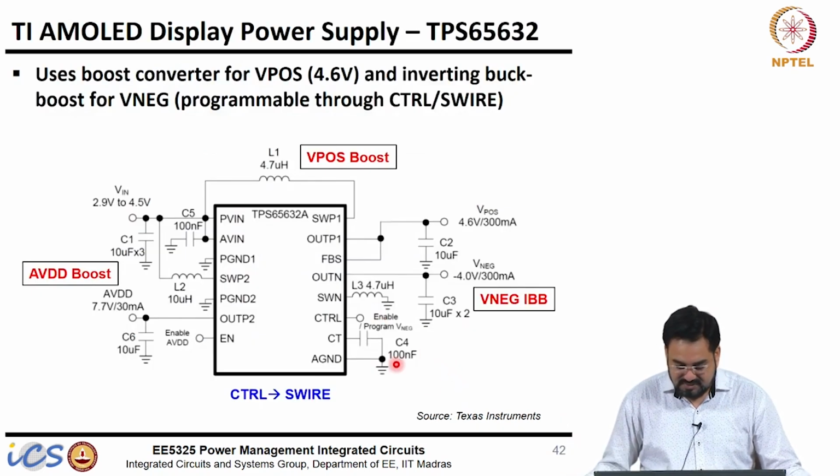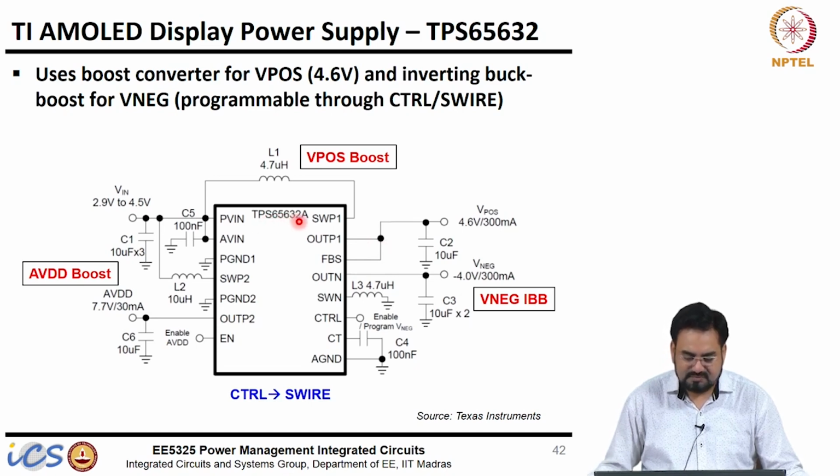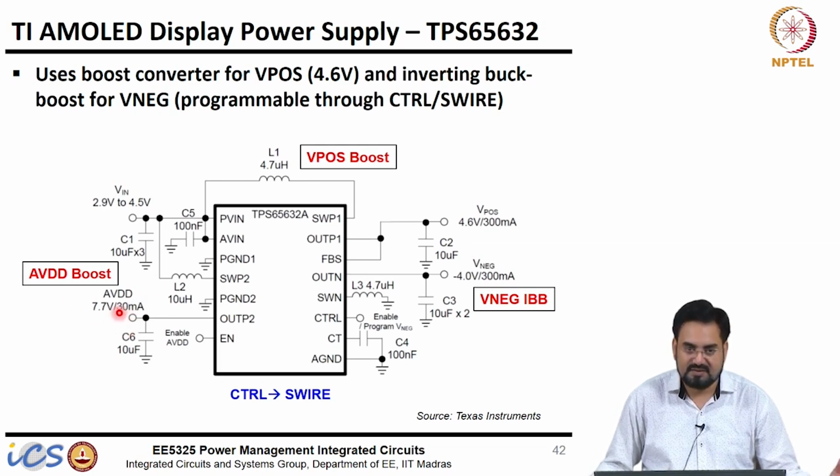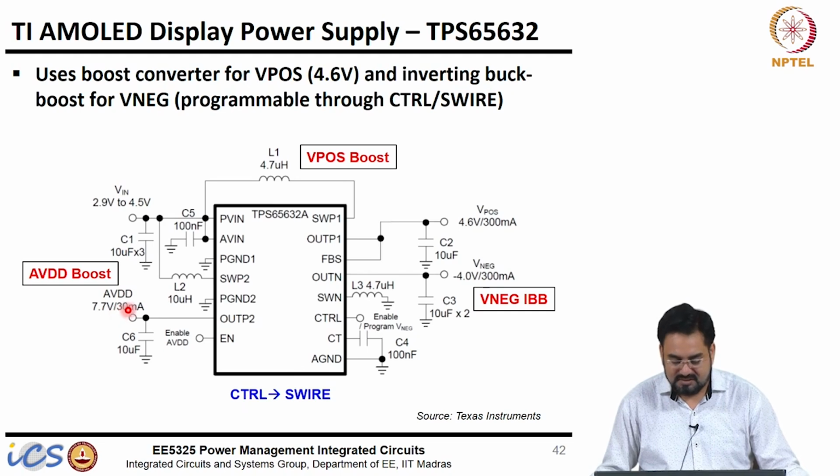This is again a TI part, TPS65632, which is used in most phones. It has 3 supplies, as we can see here. On the left-hand side is AVDD boost, 7.7 volt, 30 milliamp. This only supplies the analog supply, so it does not require very high current.